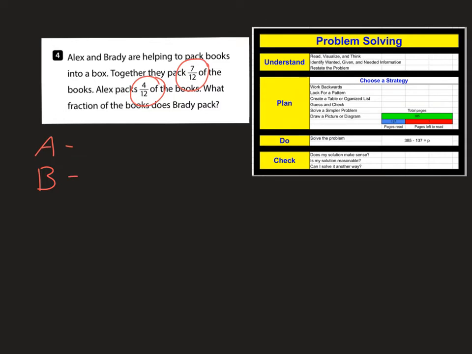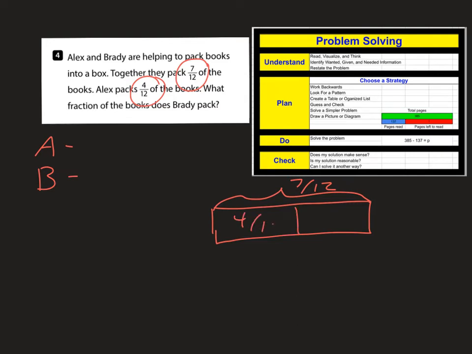Alright, I'm going to do this one a little bit differently. So I know together they pack 7/12. I know that Alex has packed 4/12, and this is Alex. And then the question is asking, how much did Brady pack?